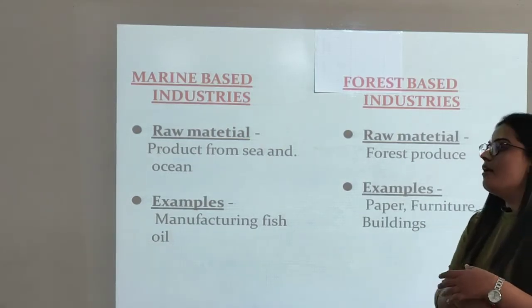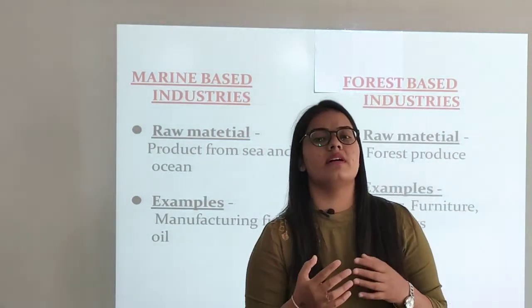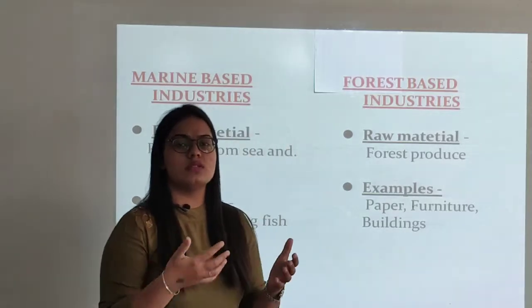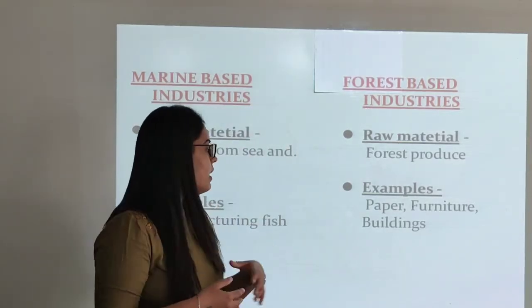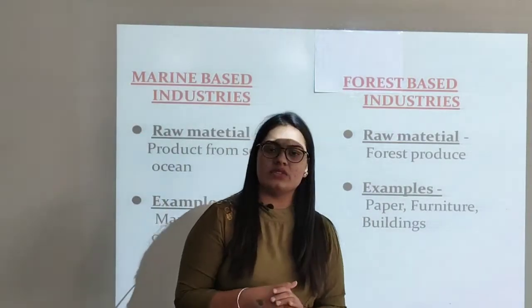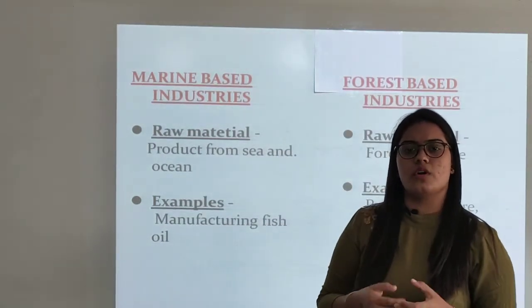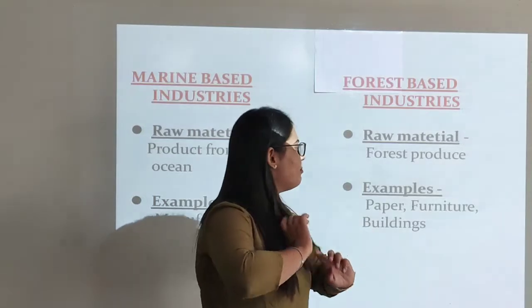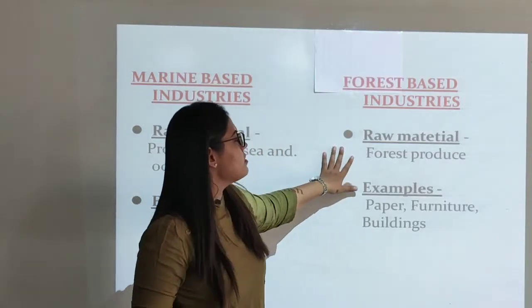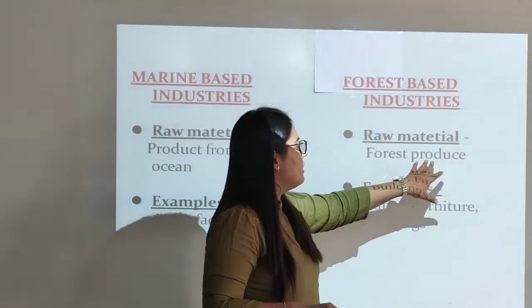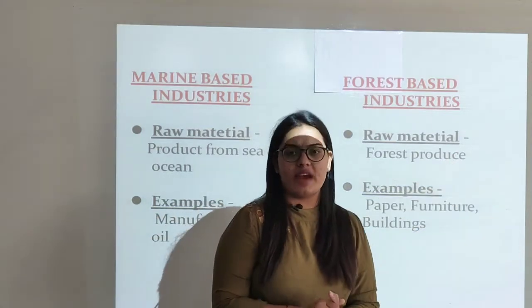Furniture and building. Furniture is used in our daily routine, such as in schools, hospitals, homes and buildings. For construction of buildings they also require forest products such as bamboo. Another example of forest produce is flowers.